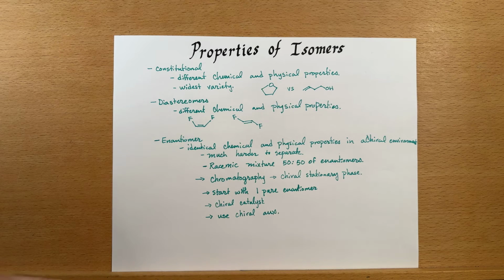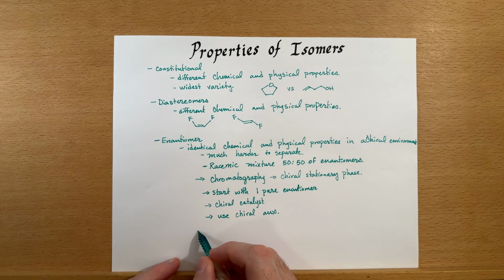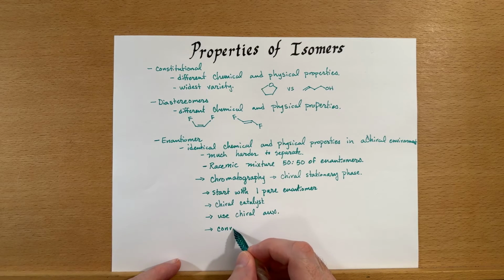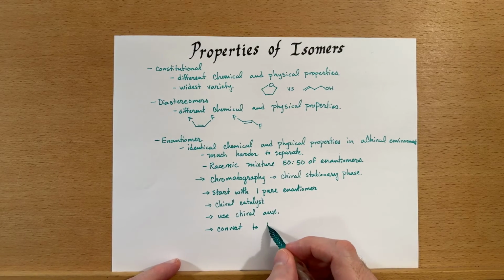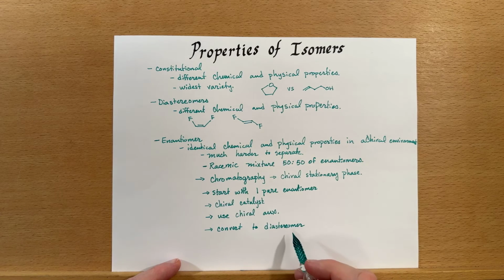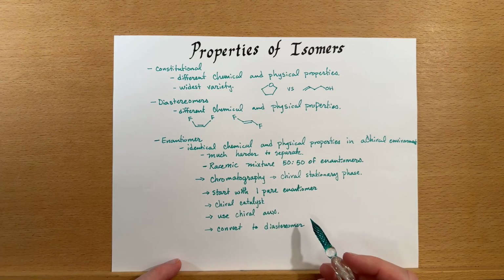One other method of actually separating chiral compounds or getting just one is to convert them into a diastereomer. So you convert it to the diastereomer, and then you can separate the two compounds, because diastereomers have different chemical and physical properties.